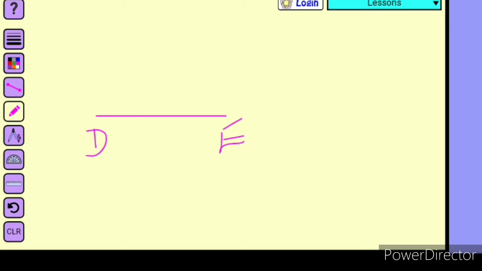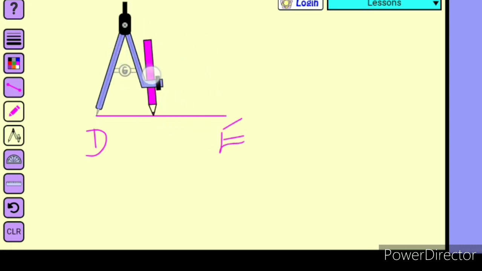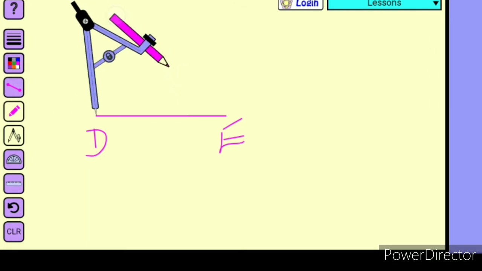Yes, using the compass. Take more than half of DE. With D and E as centers, we should draw two arcs up and down of diagonal DE.